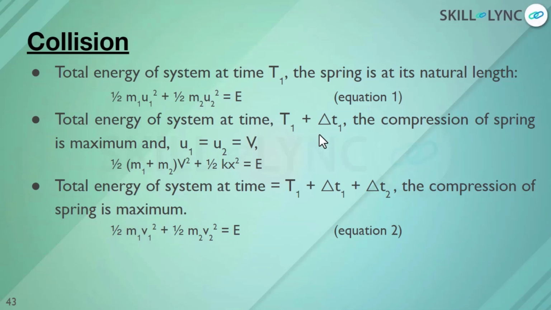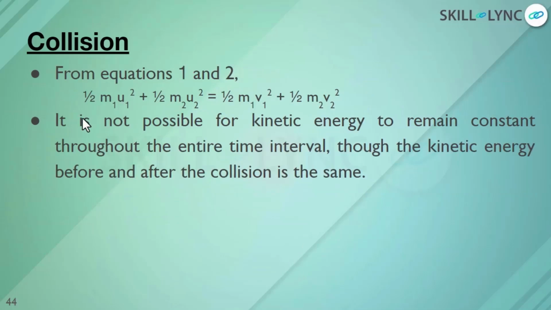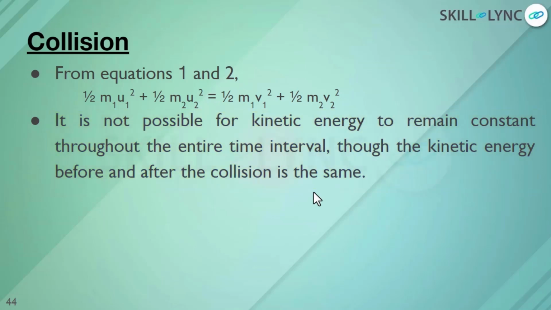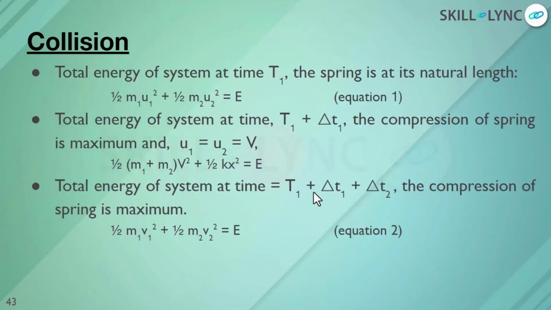Thereby, we have compared equation 1 and equation 2 in the next slide here. So, we can say that it is not possible for kinetic energy to remain constant throughout the entire time interval, though the kinetic energy before and after collision is the same. As we have seen in the previous slide, there is some change in kinetic energy happening in between in this time interval t1 plus del t1.